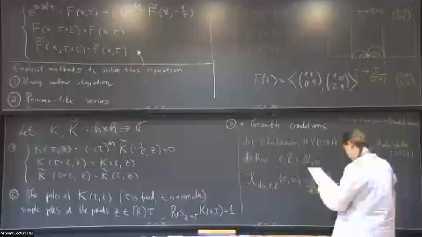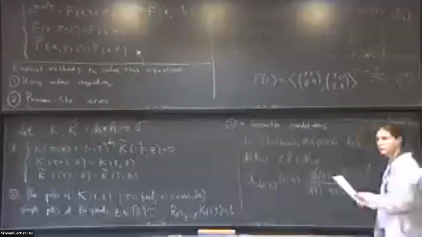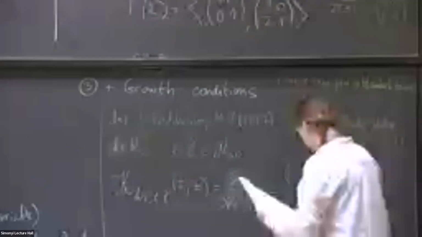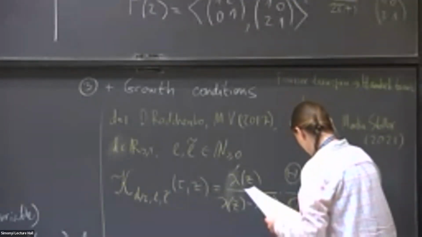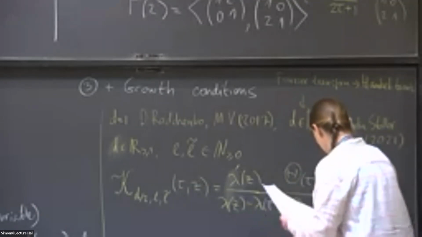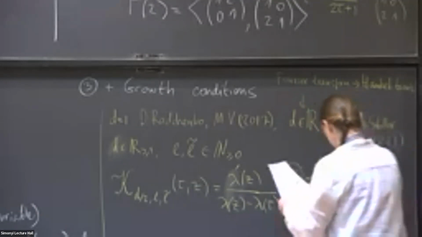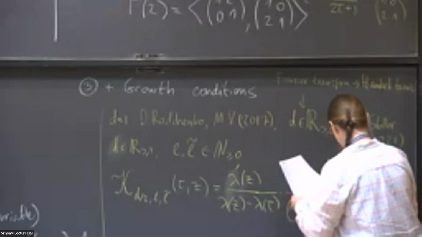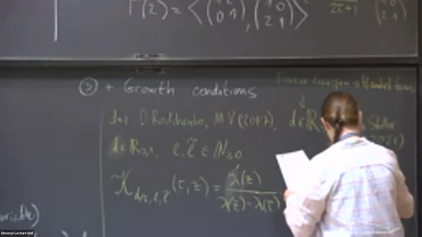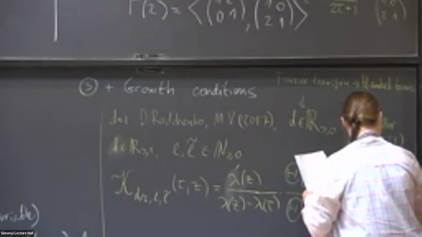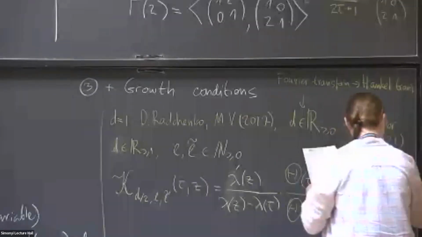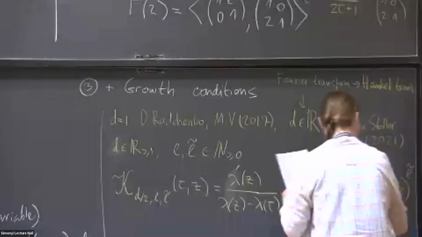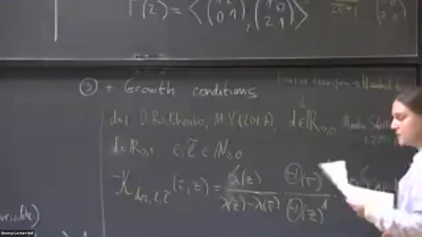Just theta of tau, right? Yeah, theta of tau, and then we have to watch what the weight would be. So it is divided by theta of z, and then here we have one more term which will regulate the behavior of our form at all the three cusps.